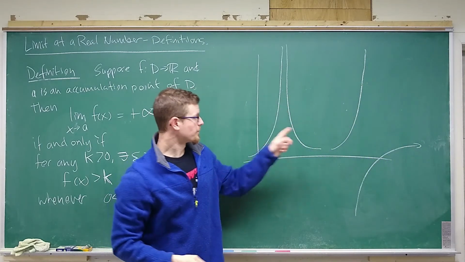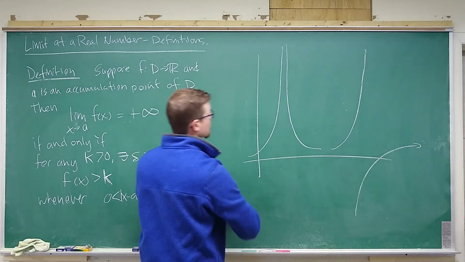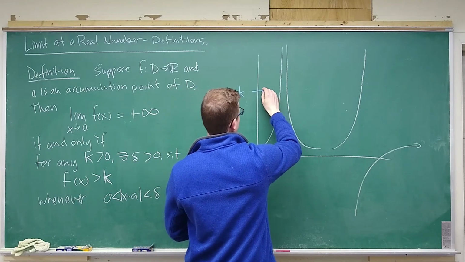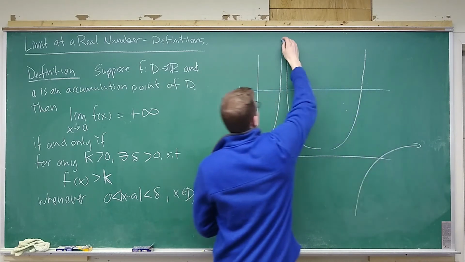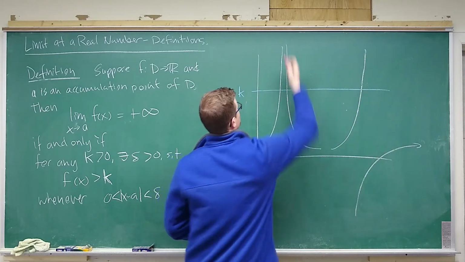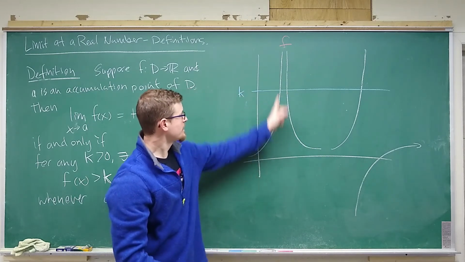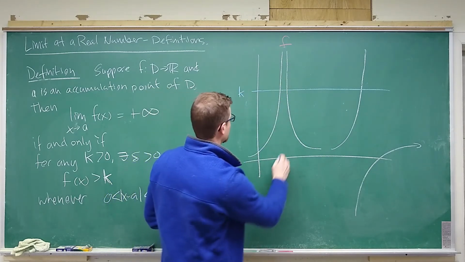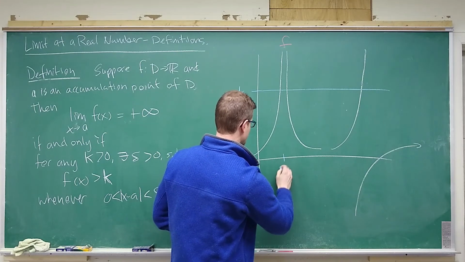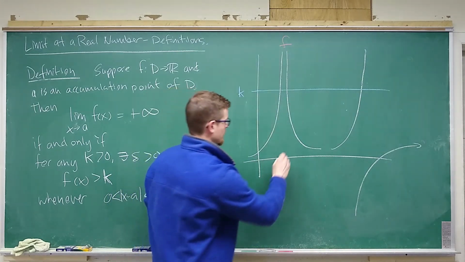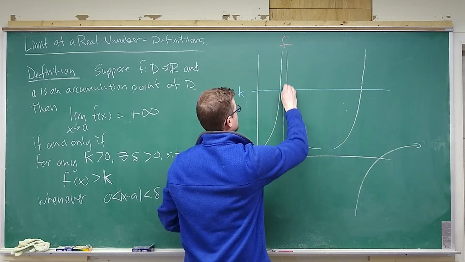All right, so for the first example, let's say I take a k value right here, actually for both of them, k. Here, when I'm looking at this first function, we'll call it f, we can see that, let's call this A, near A, it goes off to infinity. Here's my A value.